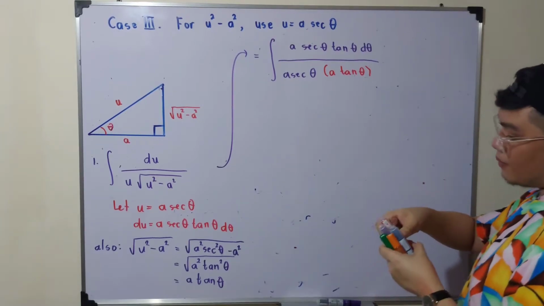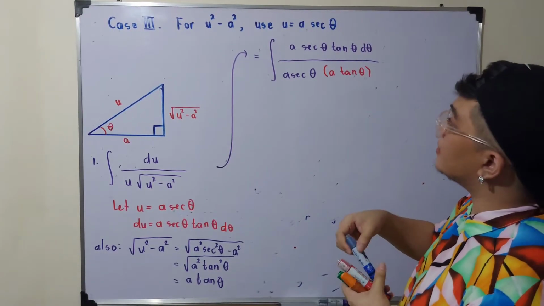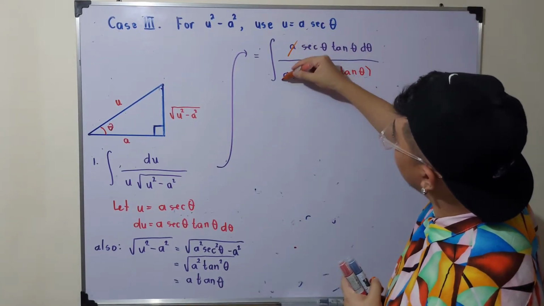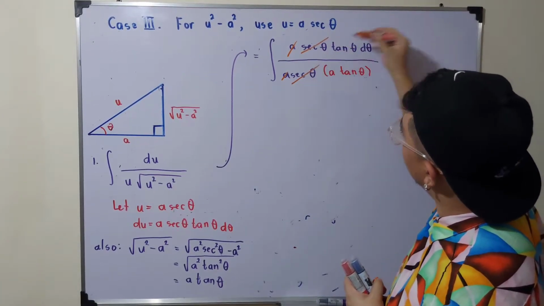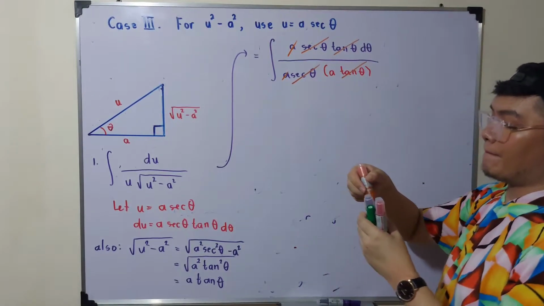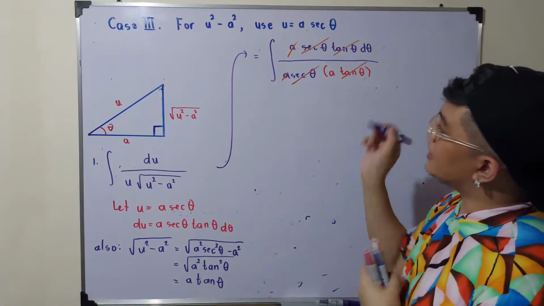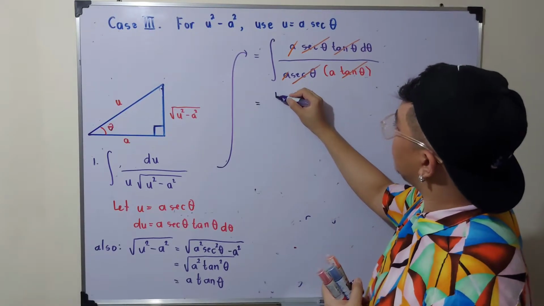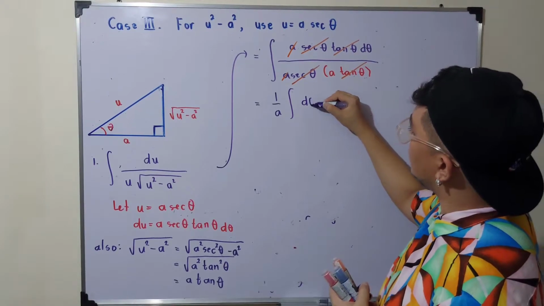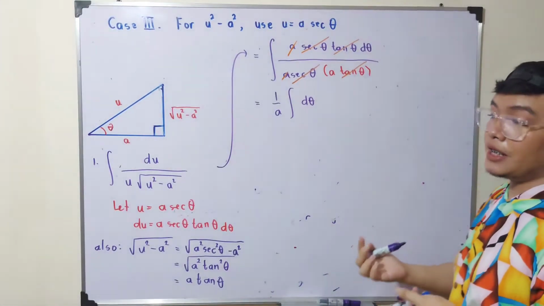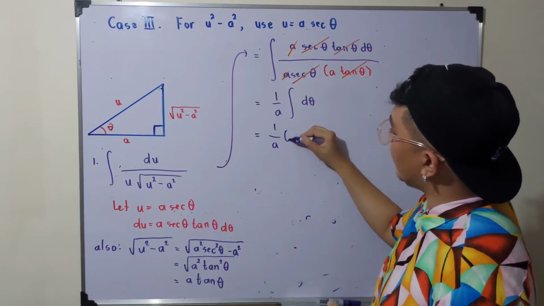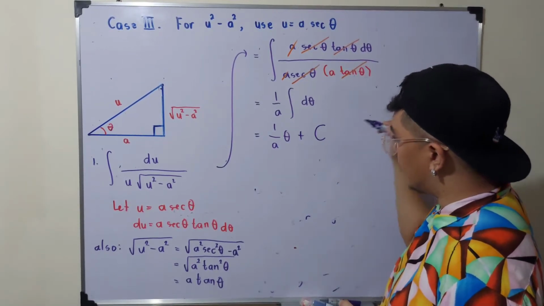Okay. Tapos, makikita natin na mayroong magka-cancel. Mag-cancel ito, tapos tangent. Ay, may matitira pa na isa. So, yung isa na yun, ilalabas natin. This will become 1 over a times the integral of d theta. Wala lang natira, d theta na lang. And this will become 1 over a theta plus c.